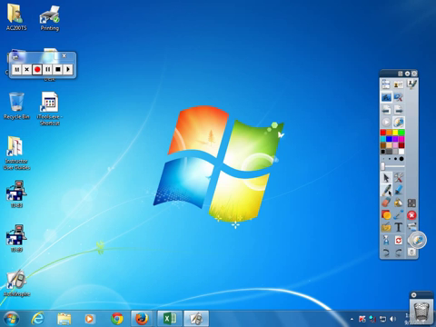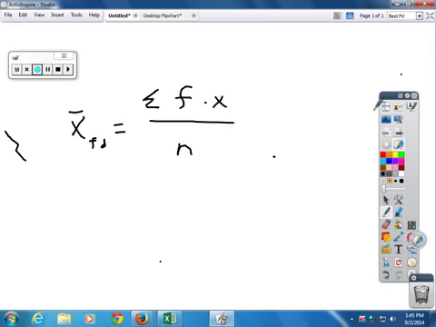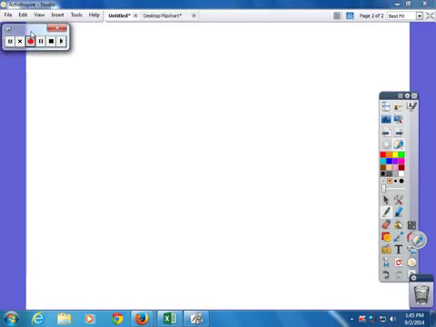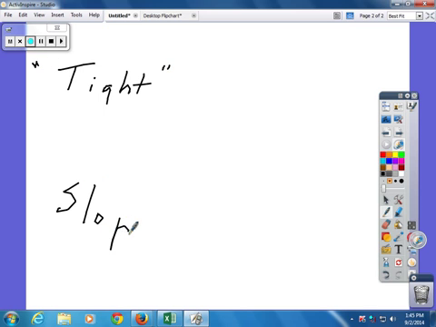The two words that I use to talk about this section are called tight and slop. And there's not a teacher at this college that's going to have any idea what I'm talking about. This is so frustrating.